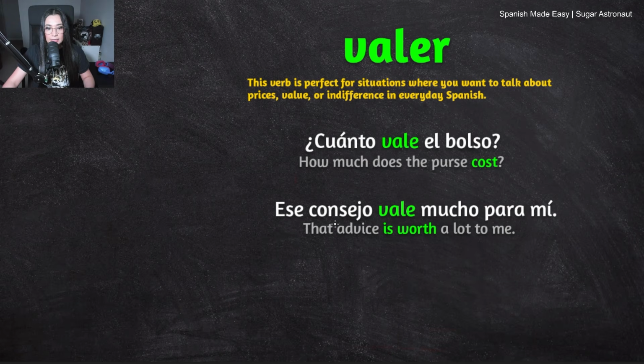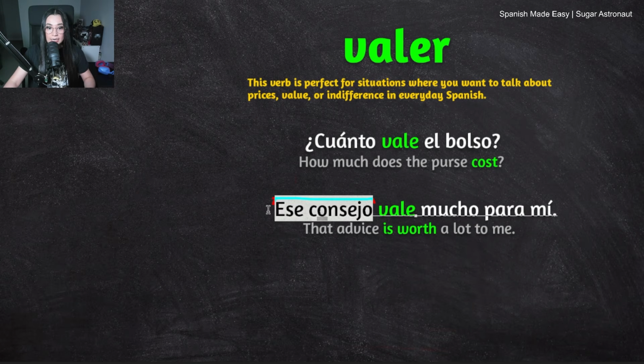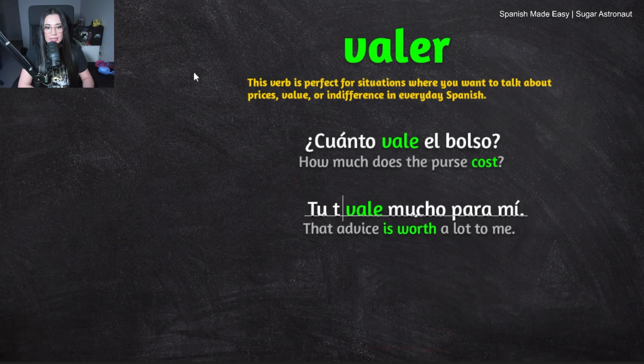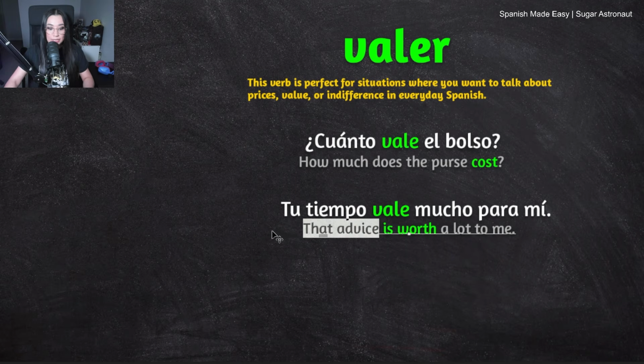If you want to say that something else is worth something to you, you can replace this part right here with something else. You can talk about other things like your time, tu tiempo, vale mucho para mí. So you can say something like tu tiempo, and that means your time.